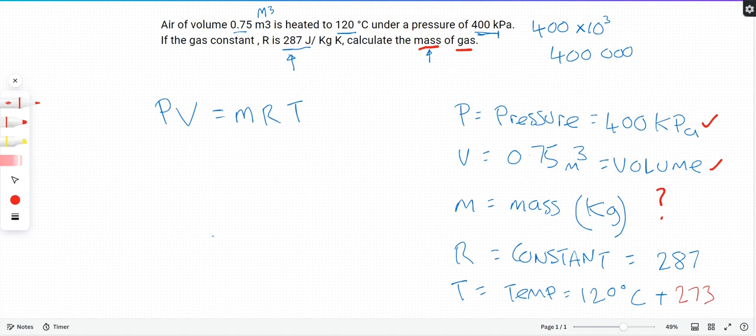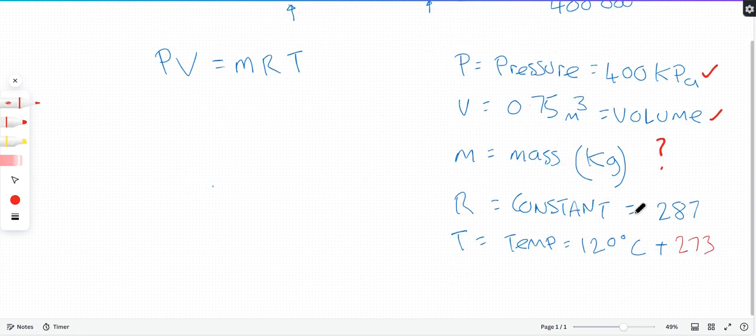Absolute 0 is minus 273. So don't use 120, you've got to use 120 plus 273, which gives you 393. That's the number I'm going to use.